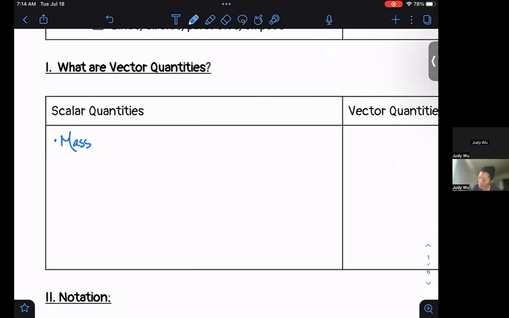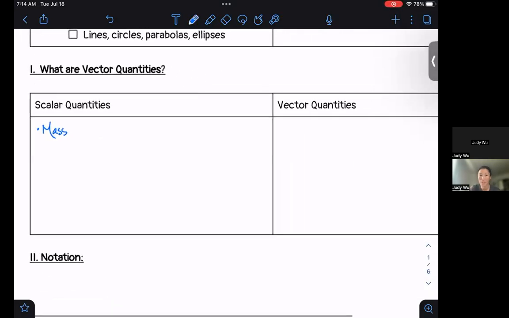Okay, and mass is just sort of the amount of space that something takes up, but the vector quantity that kind of goes with it is weight, right? Because we all occupy a certain amount of space, but depending on the gravity in the situation, our weight might be different, right? So whether we are on Earth or maybe in a different gravitational field, or maybe how it feels different when we are floating in the water, we just feel a little bit different. All of that impacts our weight, but it doesn't change our mass.